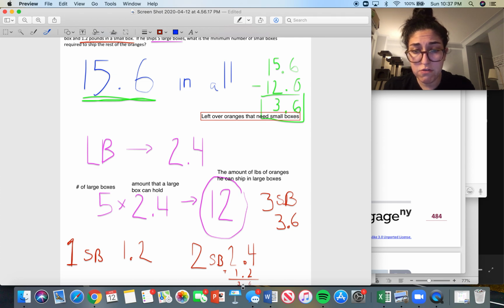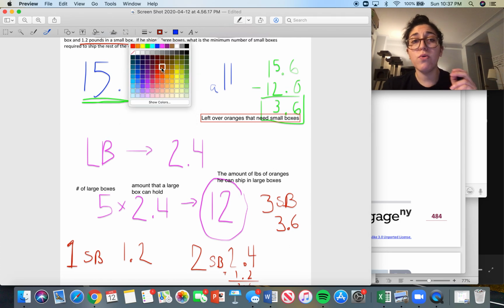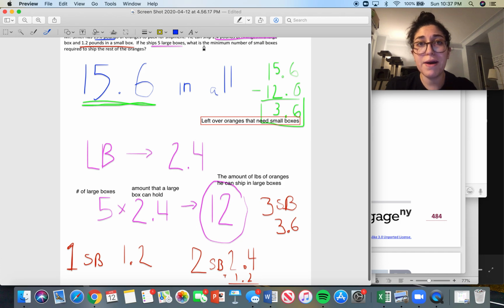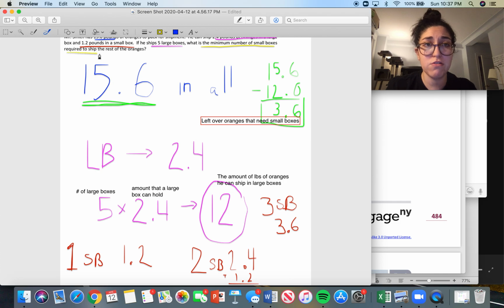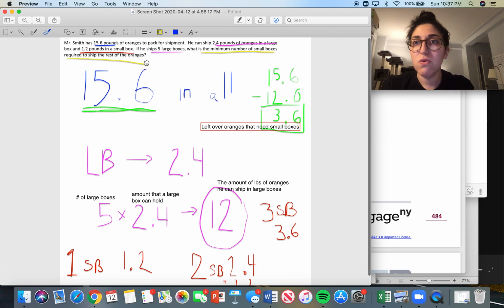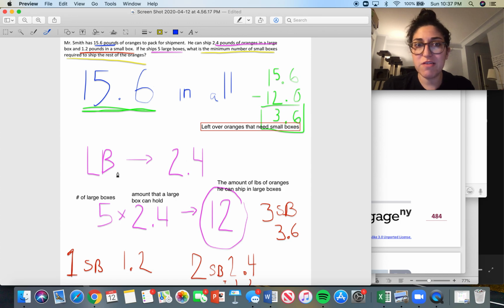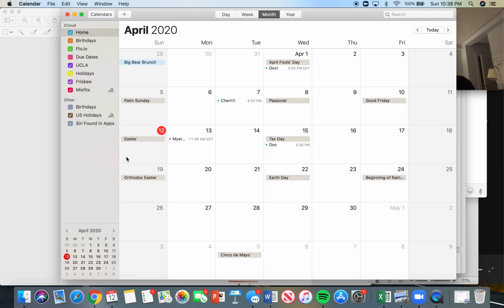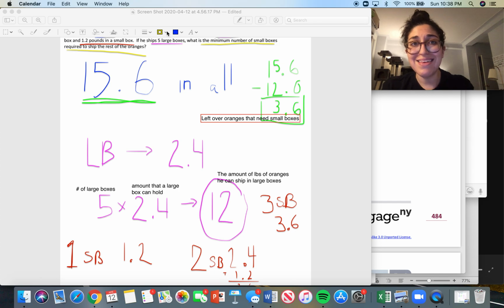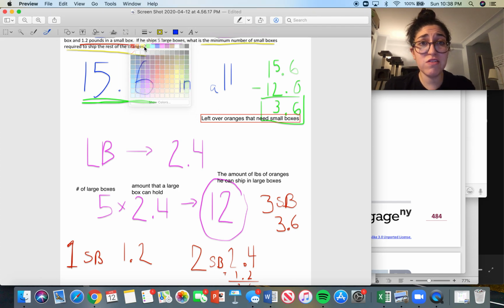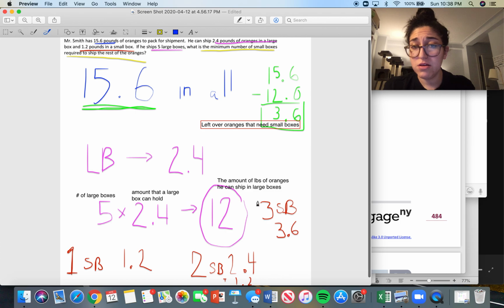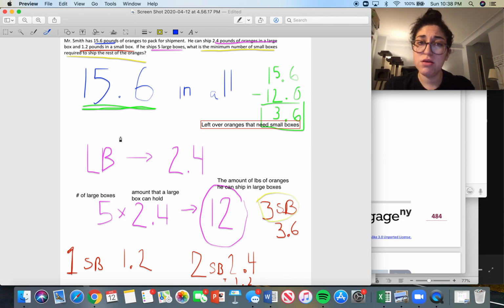So, going back to the question, we always need to go back to the question. It's asking, what is the minimum number of small boxes required to ship the rest of the oranges? Well, that means that my answer isn't going to be 15.6, it isn't going to be 3.6, it isn't going to be 12. All of those numbers I needed to find the answer, but at the end of the day, the answer is just how many small boxes? 3.